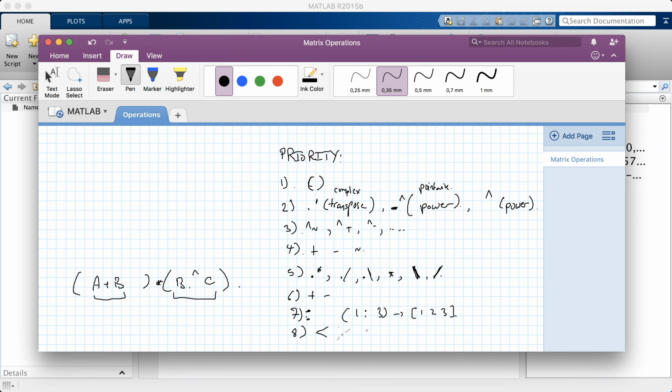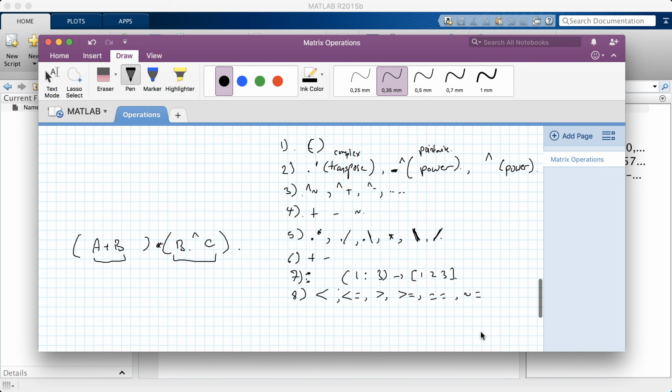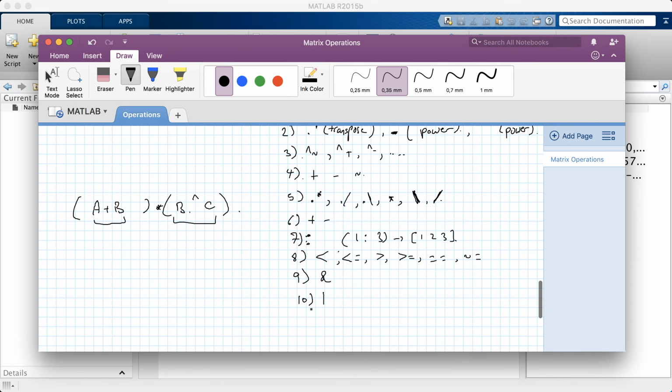So less than or equal, greater than or equal, is equal or is not equal. So far so good. 9, you've got element-wise and, so also a statement returning true or false. Element-wise or comes 10, and you've got the short circuit and the short circuit or.